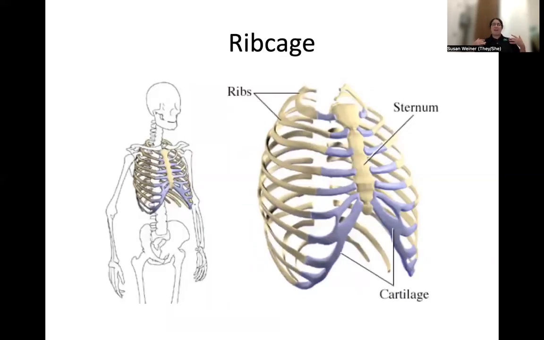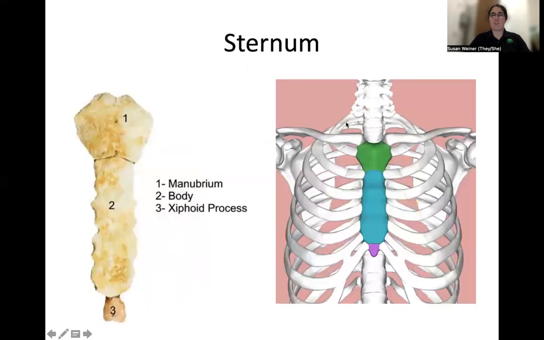All right, so back up to the thoracic section, we have to look at the ribs. So the ribs in the back, we have that articulation that you saw on the vertebrae. In the front, we have the sternum. The sternum has three parts. It's got the manubrium at the top.